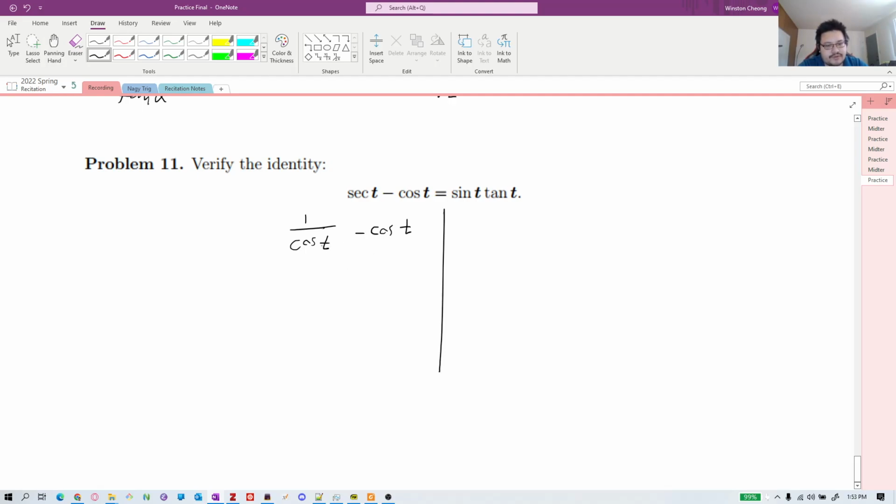Once we see this, we can combine these two. We can apply this subtraction, and that will give us 1 minus cosine of t quantity squared, and then divide by cosine of t, right? We get that by taking a common denominator, so we get cosine squared over cosine, then we subtract across, giving us this.